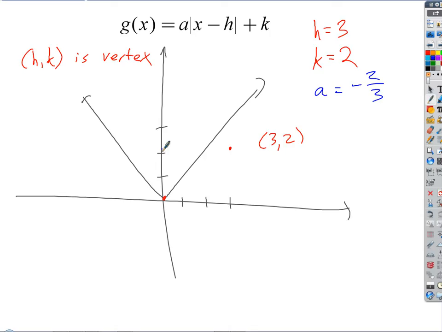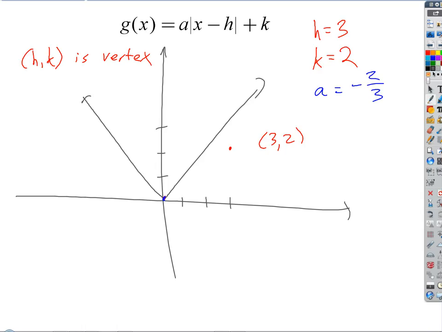It's going to compress it slightly. But you don't have to even think of it that way. Just think of this as a slope. Instead of being 1, the slope of the right leg of the V is going to be negative 2/3. Now it's negative because it's going to get flipped, right?